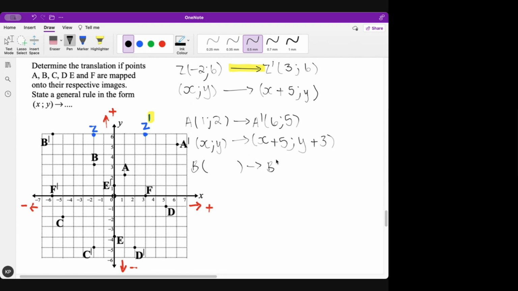Let's see, coordinates of B. Where's B? There. -2, 3. That would be correct. And B prime. Negative 6 and 6. Let's talk about the translation.